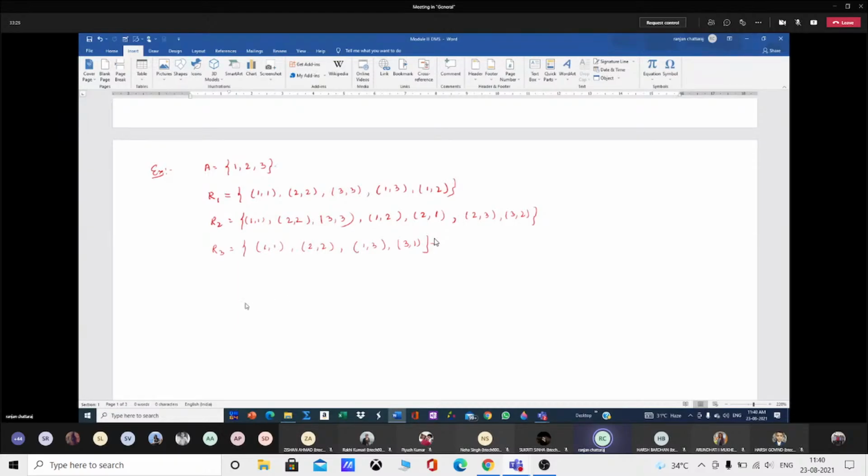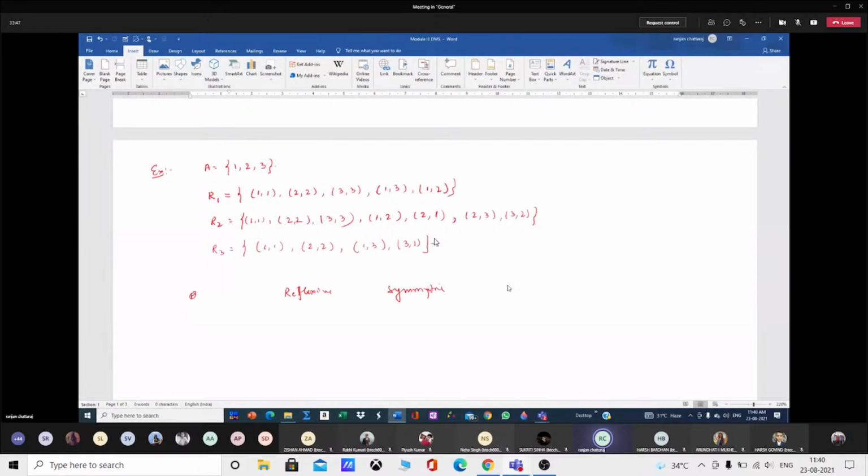Now tell me, what about R1? I'm considering these three properties: reflexive, symmetric, and transitive.